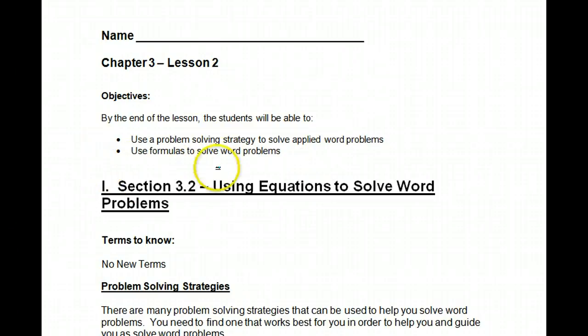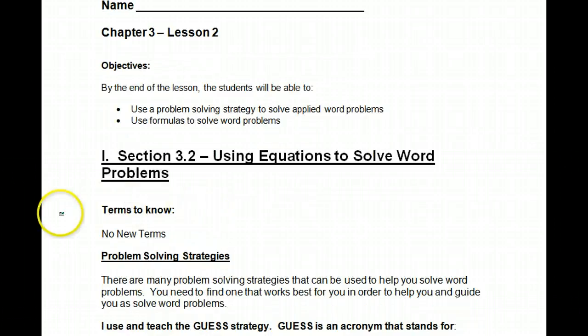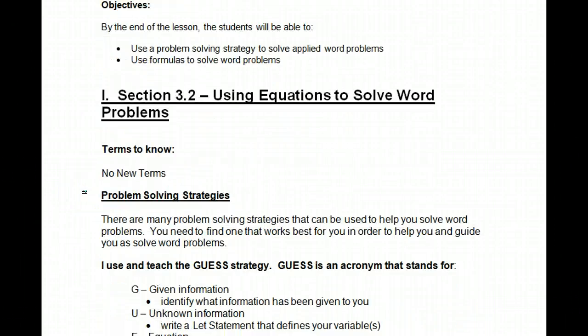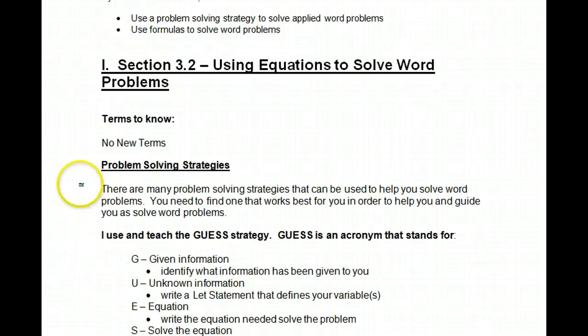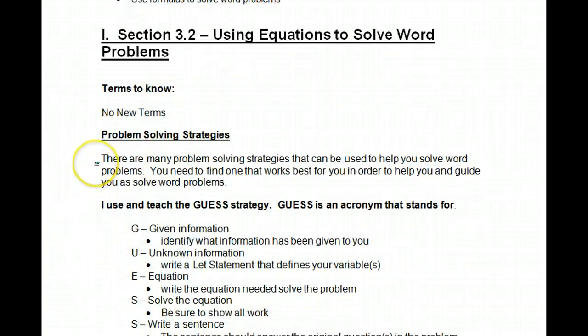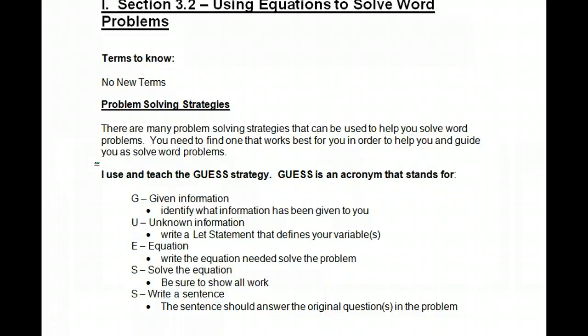We are going to start working on the lesson that teaches how to use equations to solve word problems. There are no new vocabulary words for this section. What we're going to begin working on here are problem-solving strategies that are going to help us organize the material that's presented within the word problem so that you can use it as a guide as you solve through the word problems.